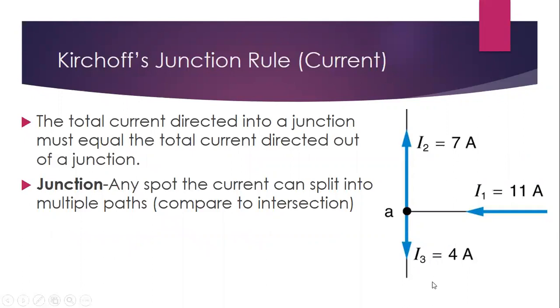If we add 7 and 4 together, that gives us 11 amps, right? And that shows that Kirchhoff's junction rule is working here. 11 amps went in to A, and then 11 amps went out of A. The difference is in the first part, it goes in as one current, and in part two, it leaves as two different currents, but the total value still remains the same.